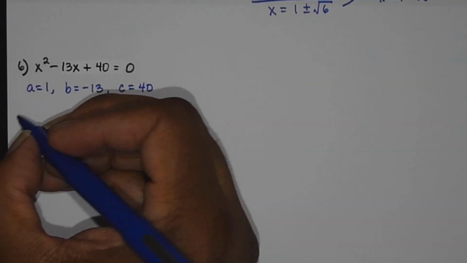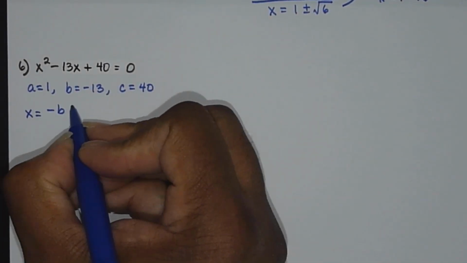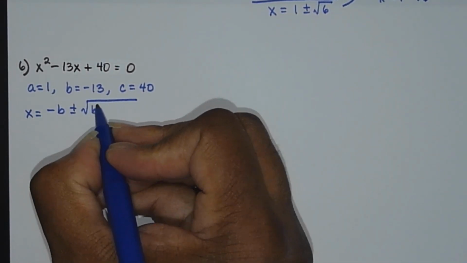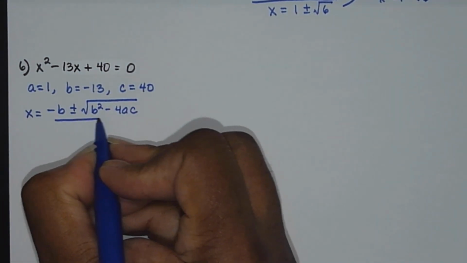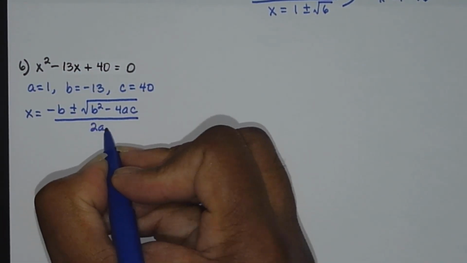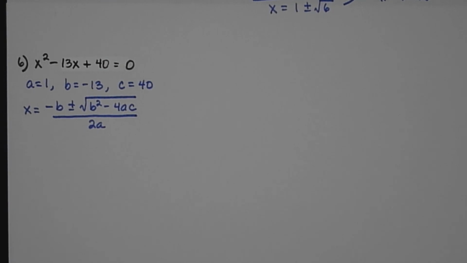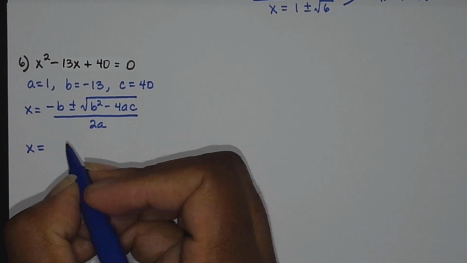And then the quadratic formula, we start by writing what that is. X equal negative b plus or minus the square root of b squared minus 4ac divided by 2a. And then we substitute a, b, and c in the quadratic formula.